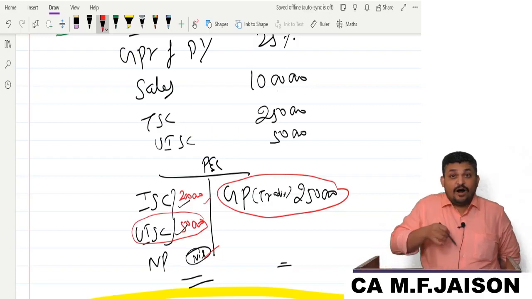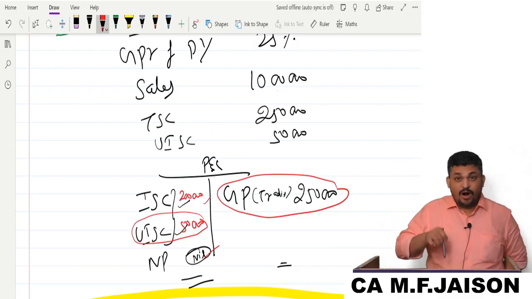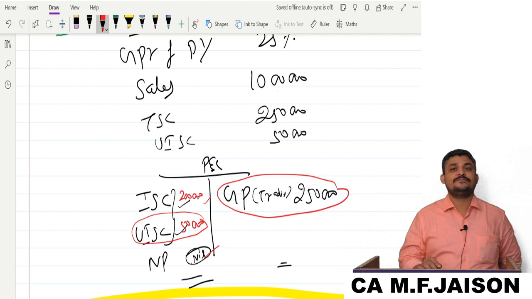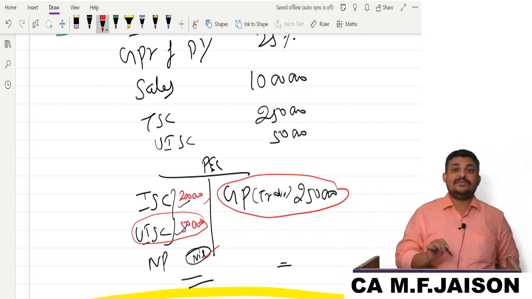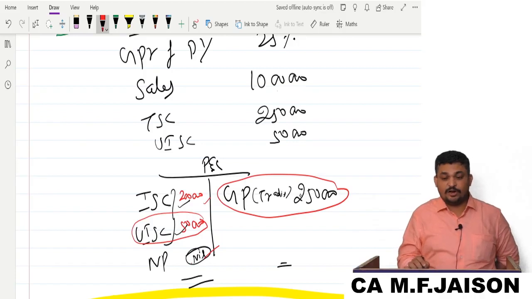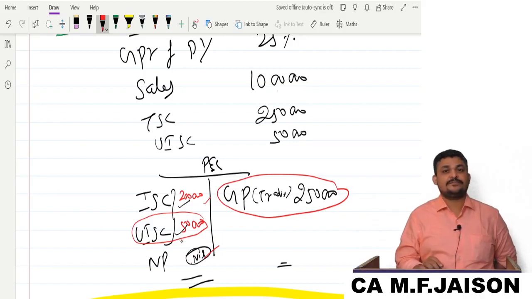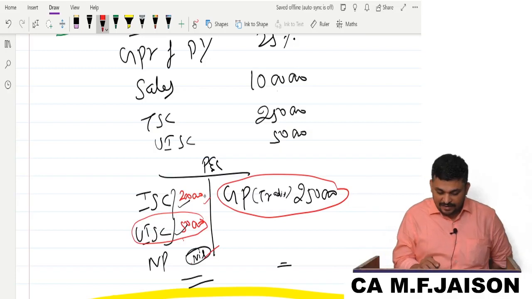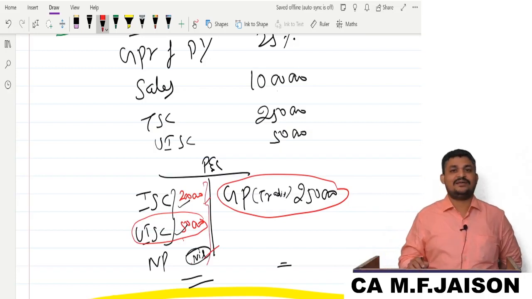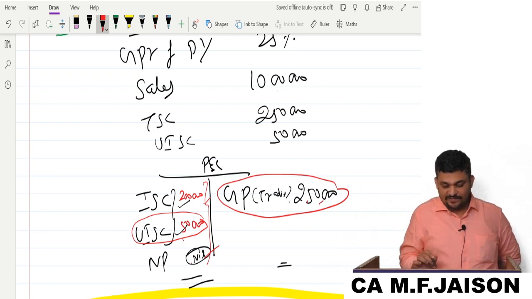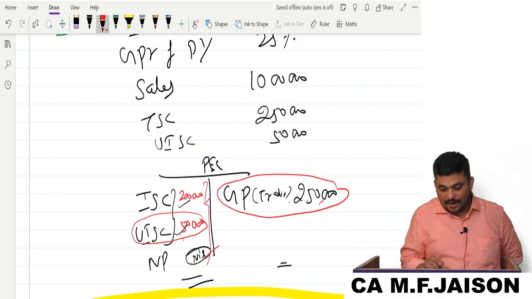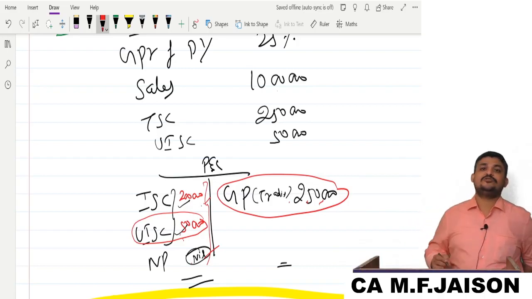Actually we want net profit plus insured standing charges. All the three together make this amount, so if you deduct uninsured from it, naturally you will get the total of these two.